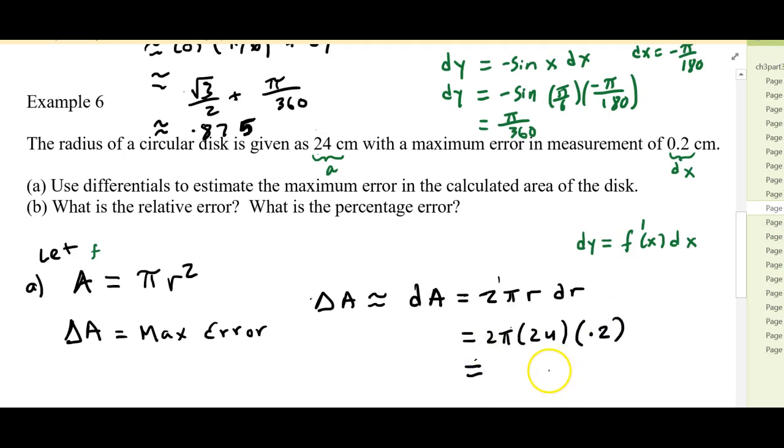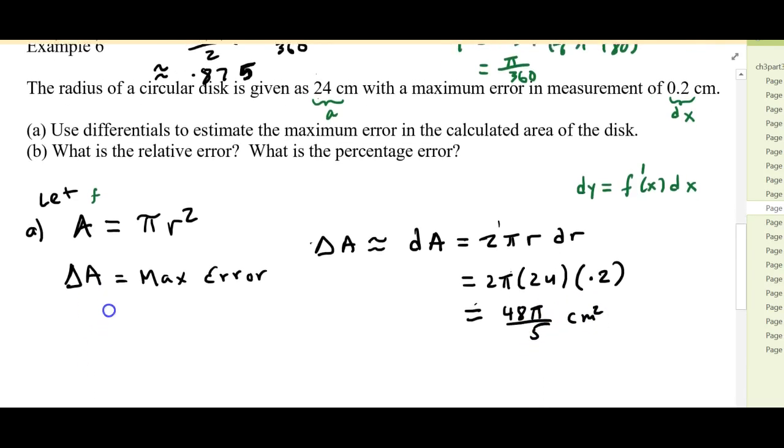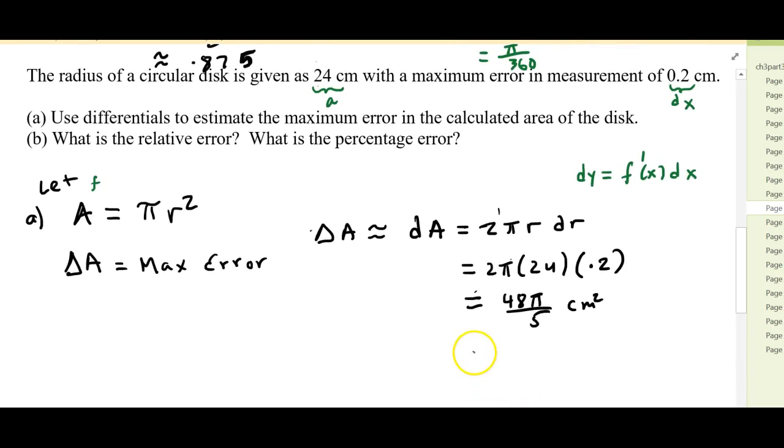So we get 48 pi over 5 centimeters squared. If we approximate that to the nearest, let's see what it is. 48 pi divided by 5 is 30.16.